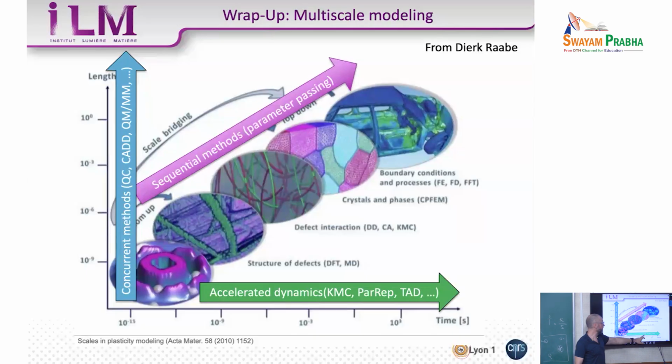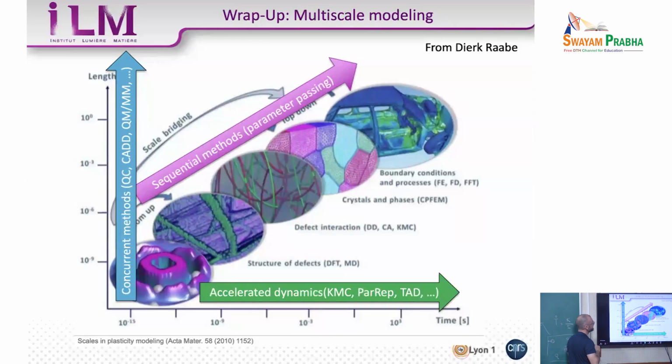This is typically the kinetic Monte Carlo method that we just talked about. We stay at the atomic scale, but we are trying to get thermally activated time scales. And there are other methods like accelerated molecular dynamics methods, parallel replica or TAD or others. I'm going to say a little word about them. What I wanted to say is that keep in mind that there are different ways to move along the diagram.